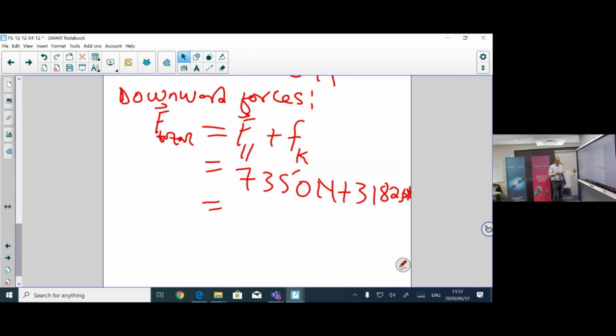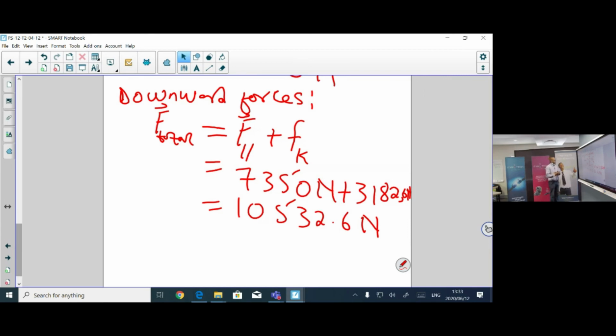If you add up 7,350 plus 3,182.6, which is equal to 10,532.6 Newtons.